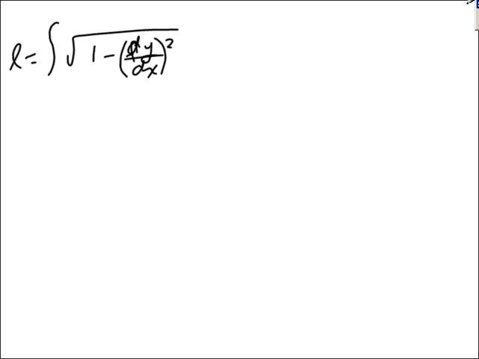Let's try another one. So now I'm just going to point out, if the arc length is the integral of the square root of 1 plus f prime of x squared dx, another way of saying f prime of x is dy dx. That's one way of calculating the arc length.